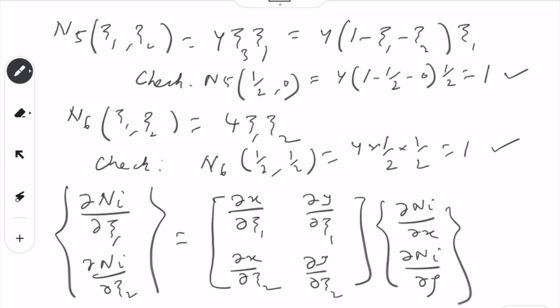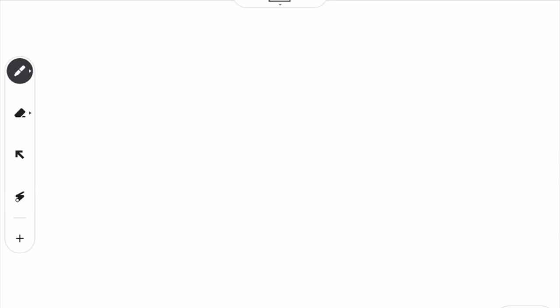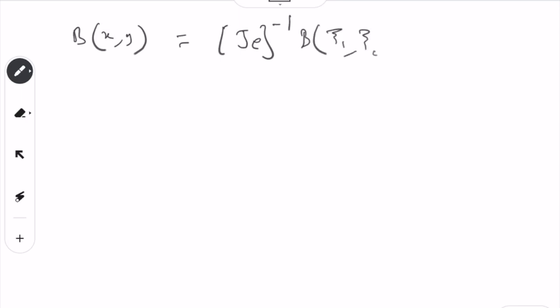So it's the same equation you have here, and this one is the Jacobian, same as earlier. We will basically write the B matrix: B xy will be equal to J_e inverse of that, and then B in xi1 and xi2.